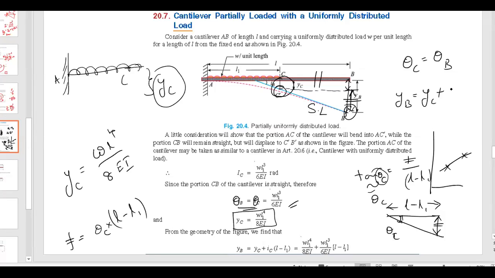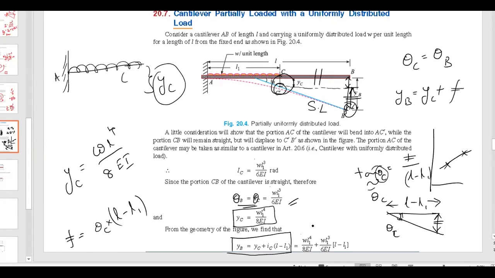Therefore, the unknown value plus YC gives the deflection at the free end. Substituting the values, I will get the standard equation for the Y max. This is the standard equation for the Y max.